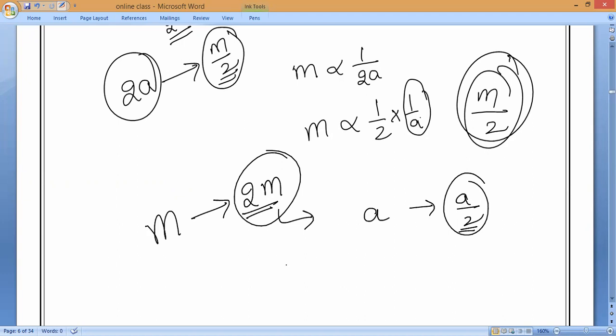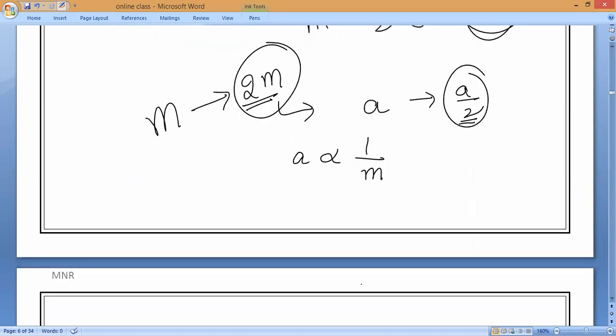Because we know that, observe very carefully, acceleration is inversely proportional to mass. Let me take this as equation 1. Now, second equation, acceleration 1, m becomes what? m becomes 2m.